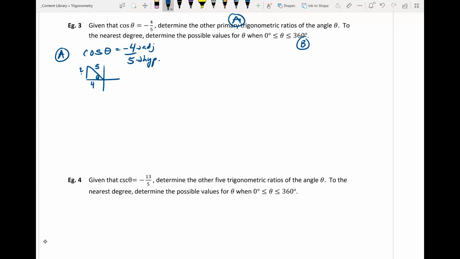If you know that this is one of our special triangles, a 3, 4, 5 triangle, great, but if you didn't know that, you could use Pythagoras to solve for the missing side. And once you solve for that, you're going to figure out that a is 3. So that is going to be our opposite side, 3 here.